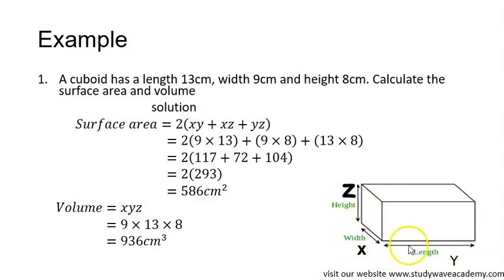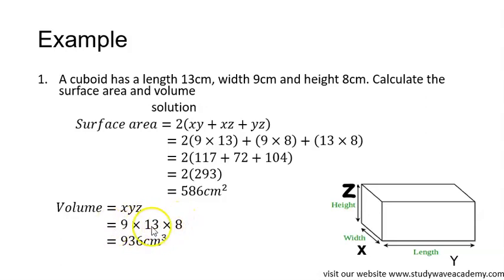So width times the length times the height, which is xyz. So we input our numbers into the volume formula. X, which is the width, is 9 centimeter. You put down 9 times y, which is the length, is 13. You write down 13 times z, which is the height, is 8. You write down 8.